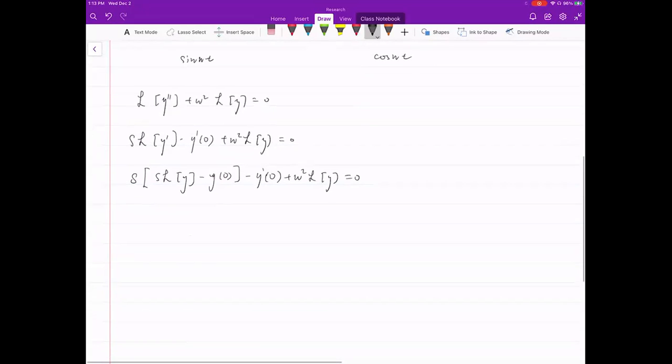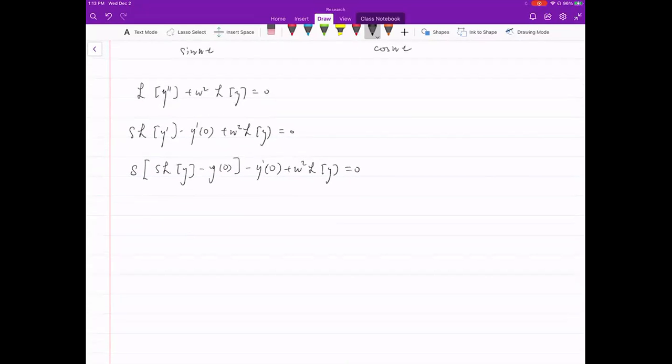Okay, let's clean everything a little bit. We find s squared Ly minus s y0 minus y prime 0 plus omega squared Ly equals 0.